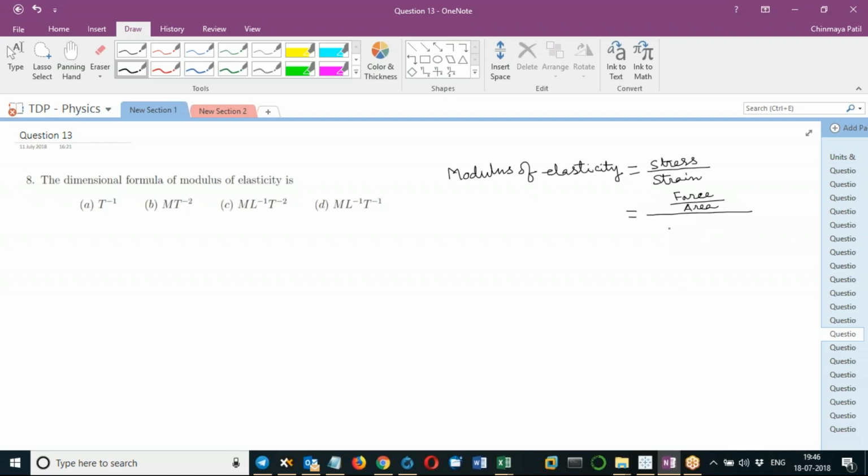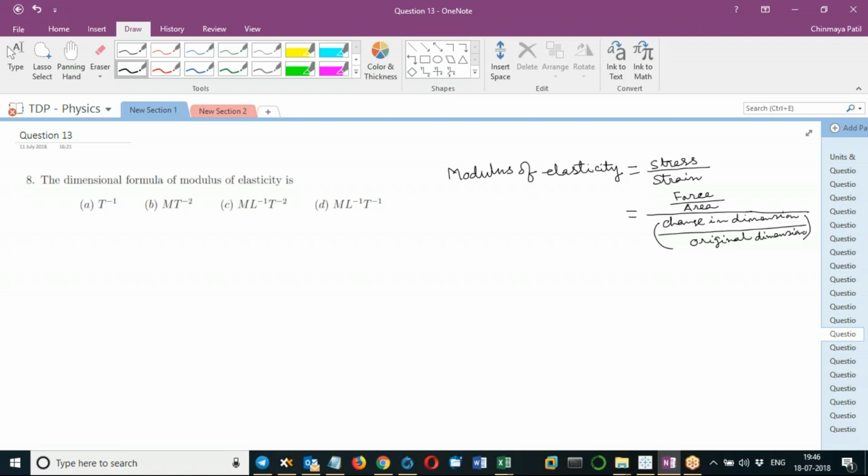And strain is change in dimension divided by original dimension. Now, if you see the denominator, the strain is the ratio of two dimensions, the change in dimension by original dimension, and hence it is dimensionless.